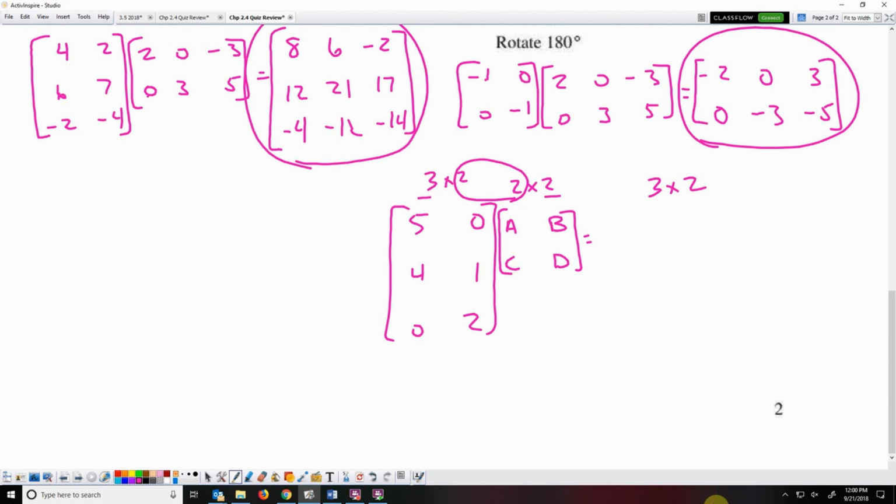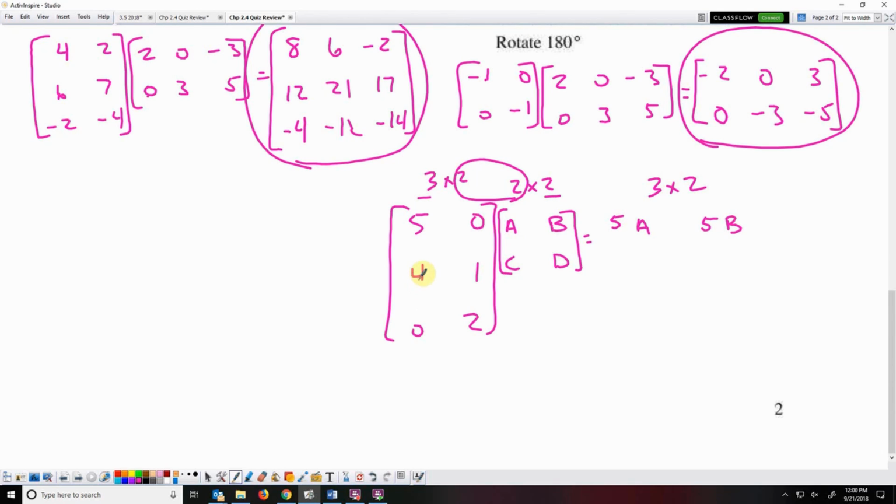So the first row by the first column, I've got 5A plus 0C. 0C is 0, so I'm just left with 5A. The first row by the second column, 5 times B is 5B, 0 times D is 0, so I'm just left with 5B.